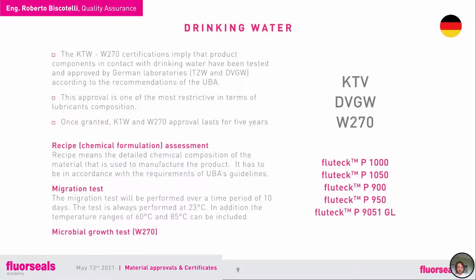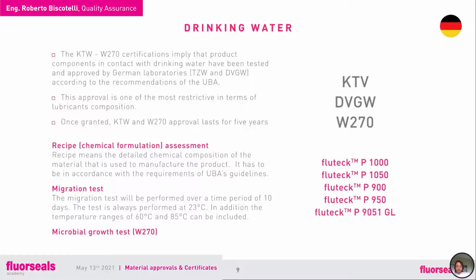Okay. Then we've got the drinking water certification for the German market. Here I've gathered them together in a single slide but they are in reality 2 different certifications. The KTW is the basic one, and the W270 certification is an addition you can make because it requires you to have the approval of the KTW as a requirement.